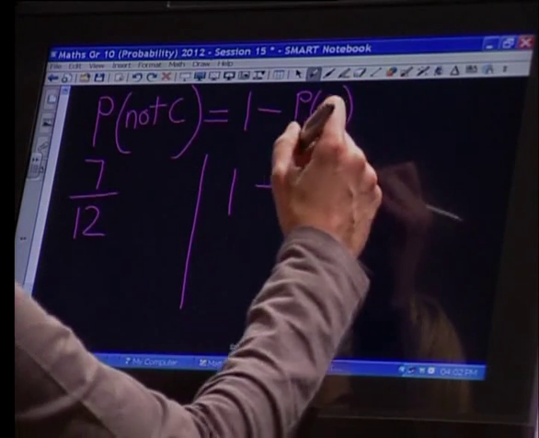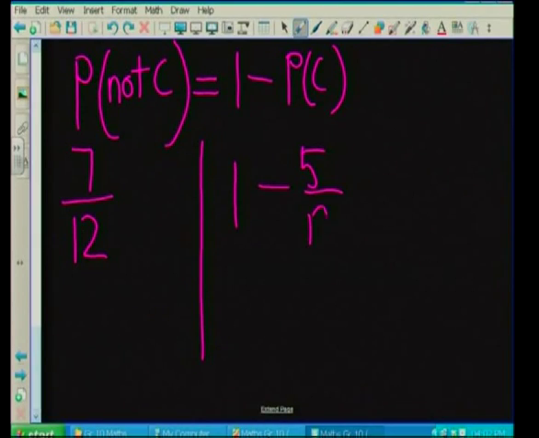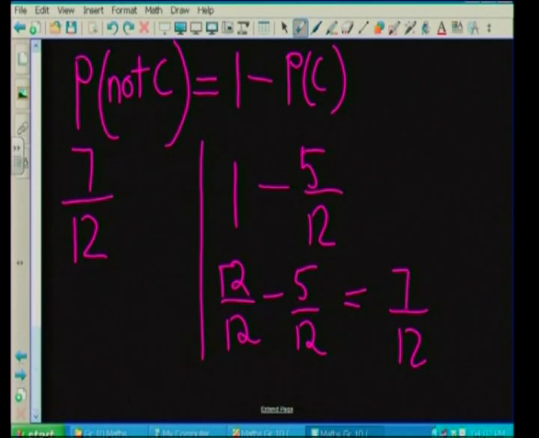So that's 5 out of 12. So basically what we have here is 12 out of 12 minus 5 out of 12, which is 7 out of 12. So the left-hand side and the right-hand side are equal. So therefore, I can say that these events are complementary.